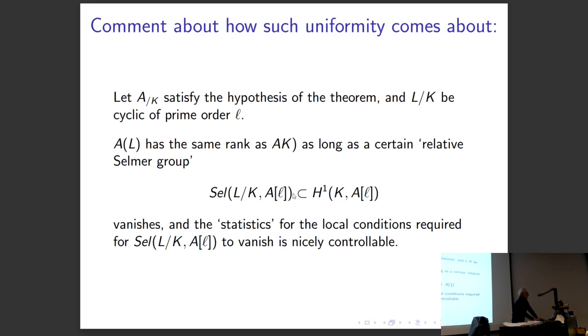Now, that relative Selmer group lives in something that's clearly going to help for uniformity issues, because it has nothing to do with L over K. It's just the one-dimensional cohomology over K of the group of ℓ-torsion points of A. Now, this group, as I mentioned in the first lecture, is usually infinite, and so it's not going to give you any bound.